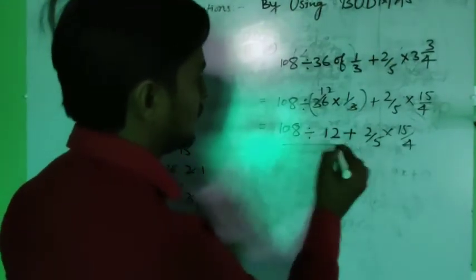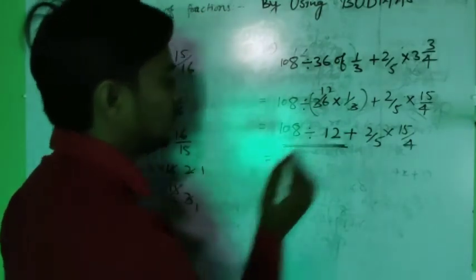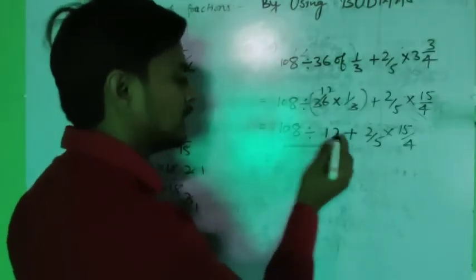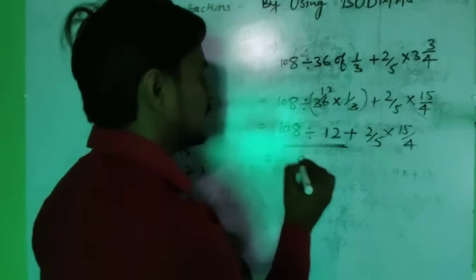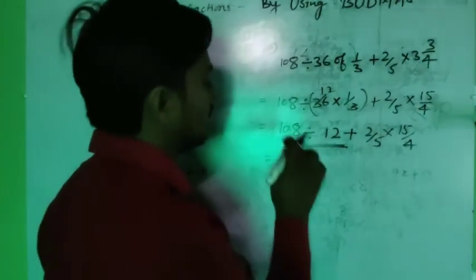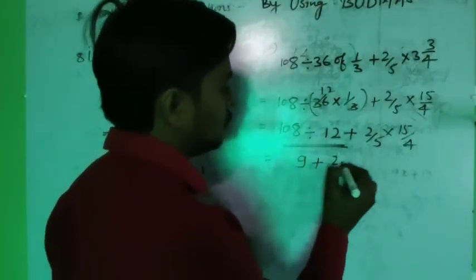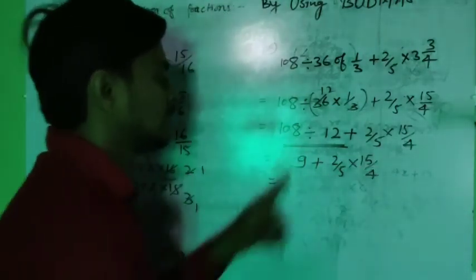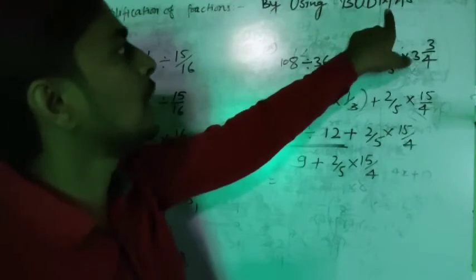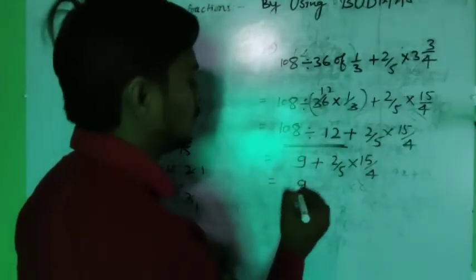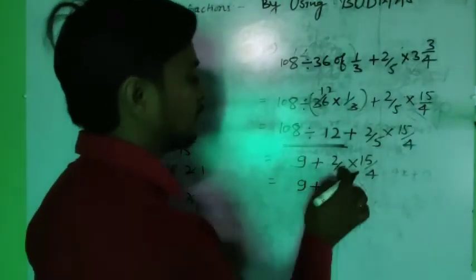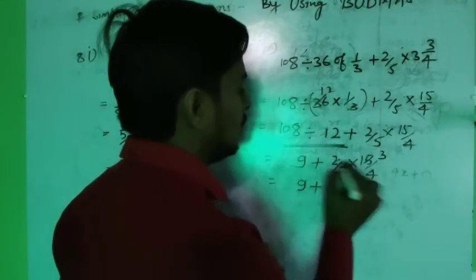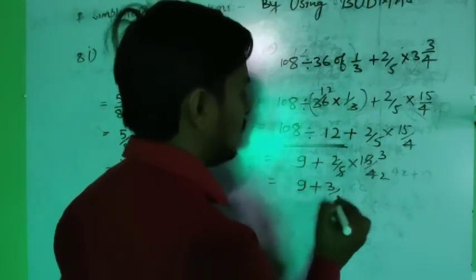Yes, this is the division part. So just divide this: 108 divided by 12 is 9 times, 12 nines are 108, plus 2/5 into 15/4. In the next step there is plus and there is multiplication. So multiplication first, after that addition. So 9 plus, leave as it is, multiplication: 5 threes are 15, 2 twos are 4, so 3/2.